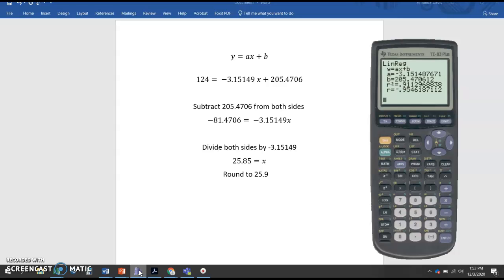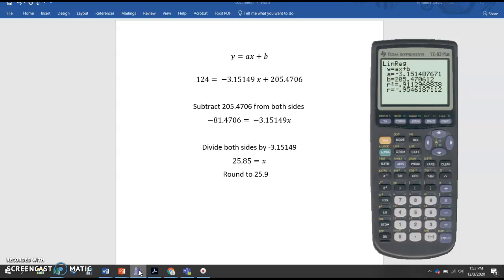We think back to algebra. If we're adding 205 on the right side, to get x by itself we want to subtract 205.4706 from both sides. That gives us negative 81.4706 is equal to negative 3.15149x.